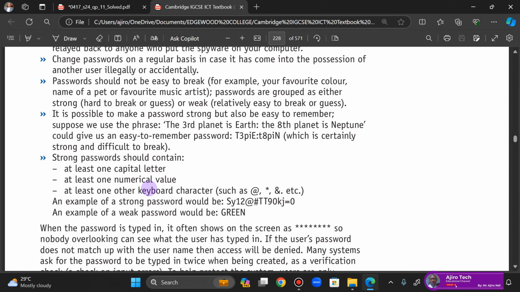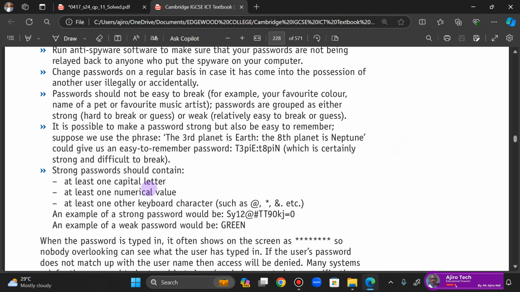Now you see this. Now let's look at this. And now let's go back to this. They said passwords should not be easy to break. For example, your favorite color, name of pet. Passwords are grouped as either strong, hard to break or guess, or weak.